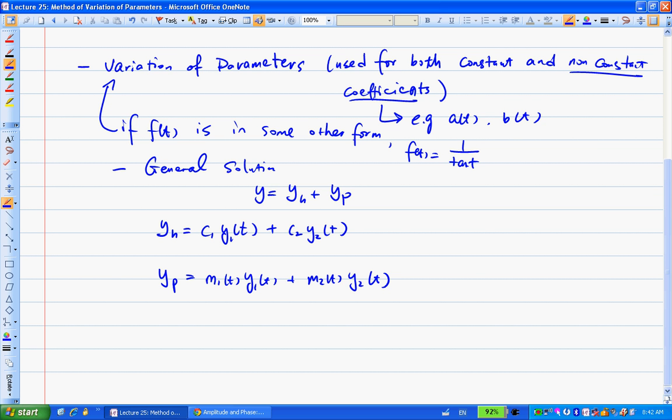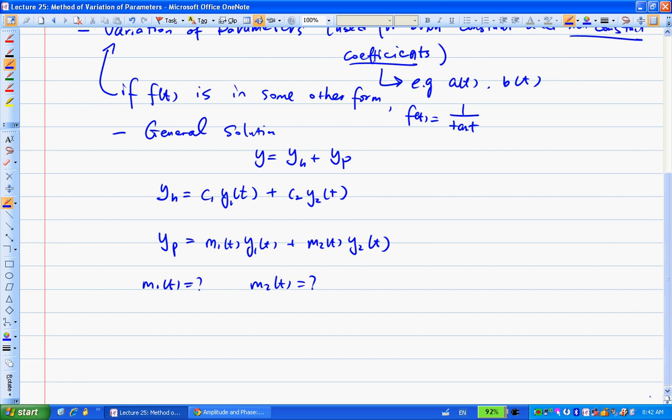That format is called variation of parameters. Now the question is, what would be m1 and what would be m2? We need to find these two. How do we find them?